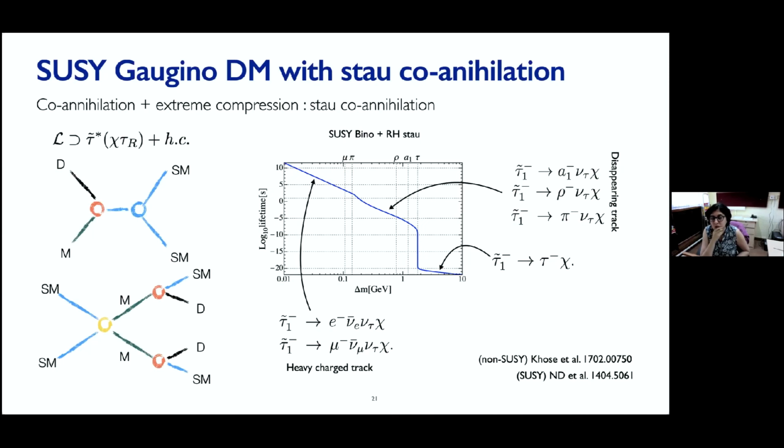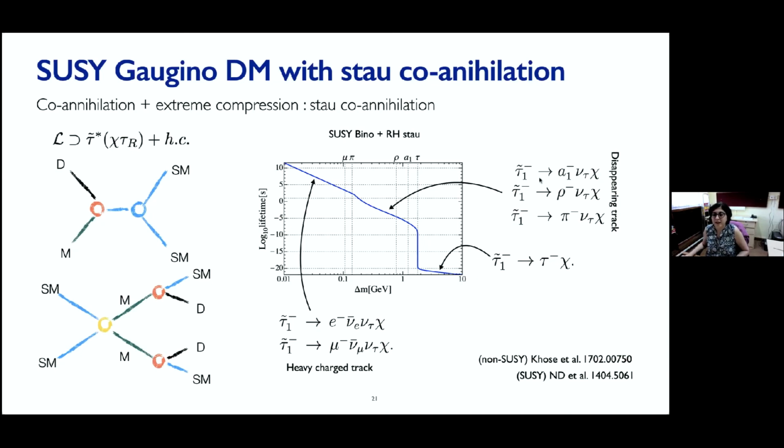So again, just to cast it in a more simple language, the idea is that you have a term in the Lagrangian that looks something like this. So you have a tau that couples to some dark matter and the tau.